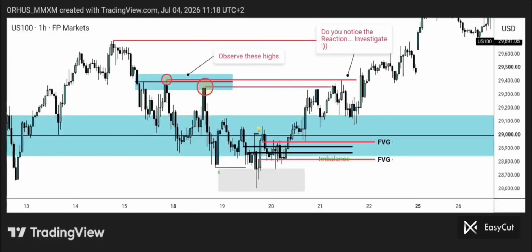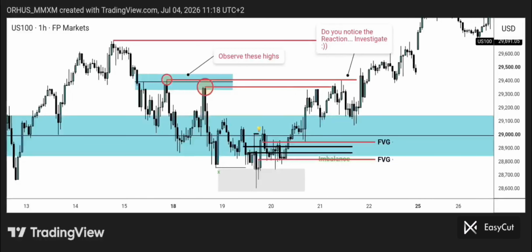And once you understand this, man, your understanding of price is way above what the regular retail minded trader has.